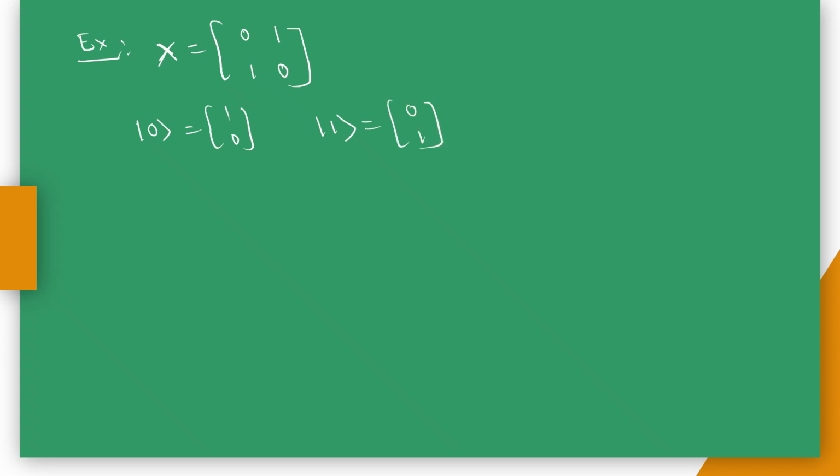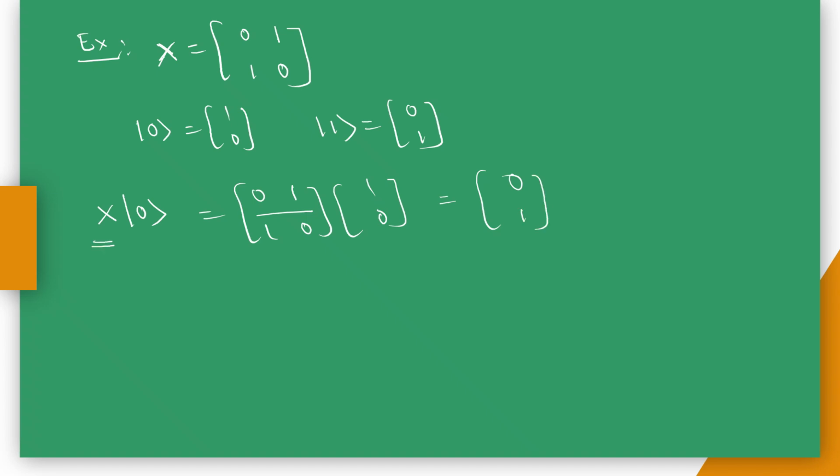I want to check what will happen if the X gate operates on the state 0. See here, the matrix 0, 1, 1, 0 times 1, 0: 0 into 1 plus 1 into 0 gives 0, and 1 into 1 plus 0 into 0 gives 1. So if the X gate operates on the state 0, I am getting the state 1.